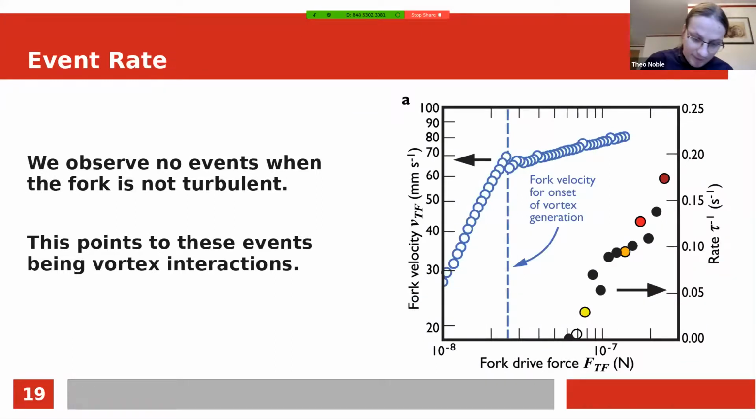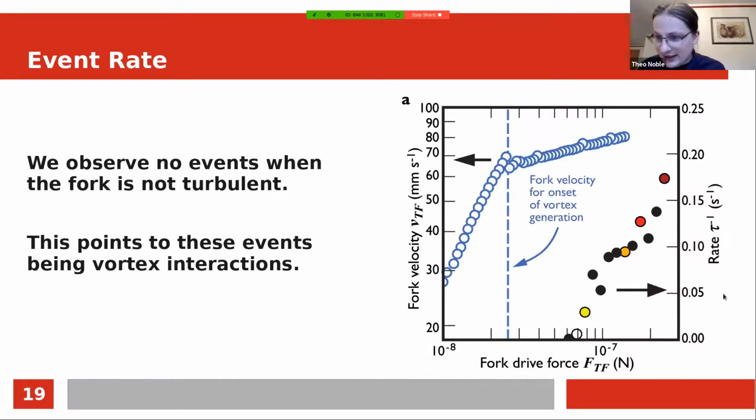And something to further convince you that this is definitely a vortex event: when the fork is not turbulent, when it's not releasing vortex rings into the bulk fluid, we're not seeing anything on the nanobeam. So on the left-hand side, you can see the fork velocity, and you see the fork drive force on the x-axis there. So that's essentially the same graph that I was showing you earlier.